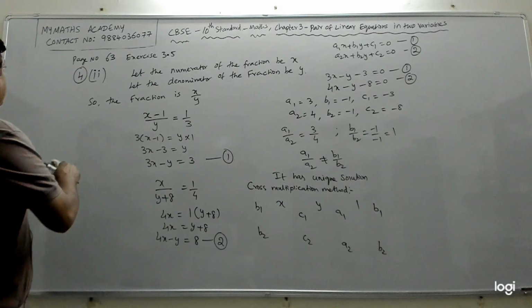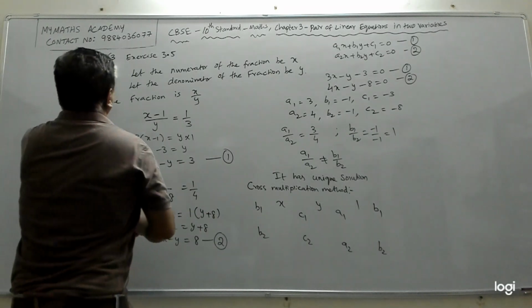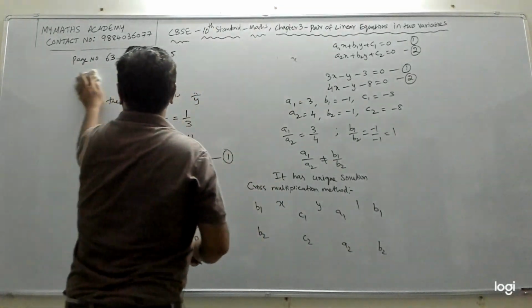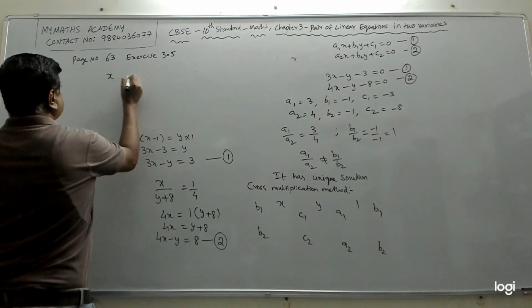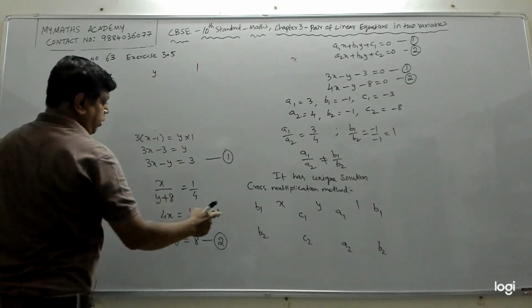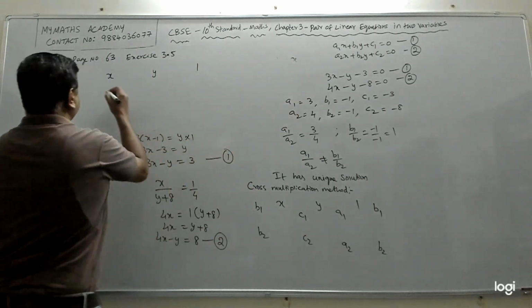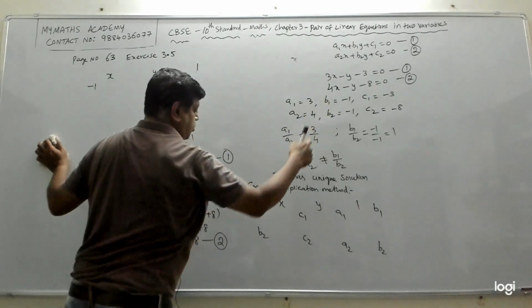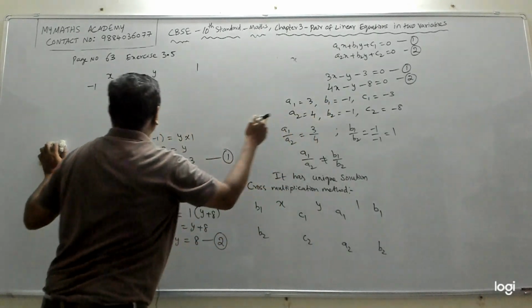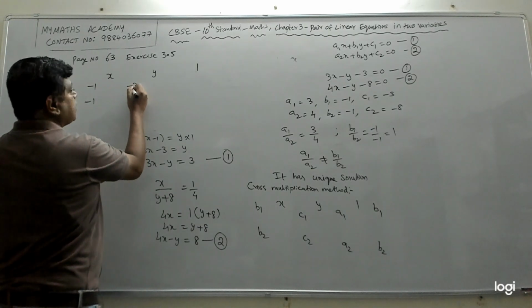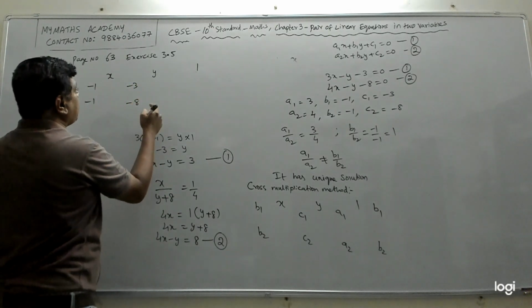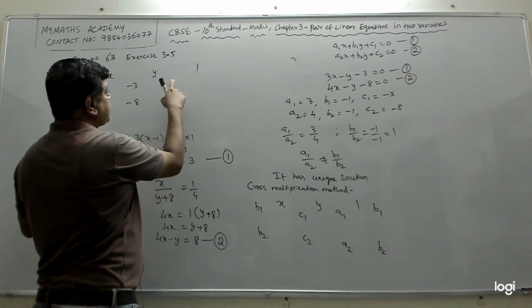Right? So I'll erase these. Fine. Now we should write x, y, 1. What is B1? B1 is minus 1. What is B2? B2 is also minus 1. Now here we should write C1, which is minus 3. C2 is minus 8. Now let's go here. What is A1?